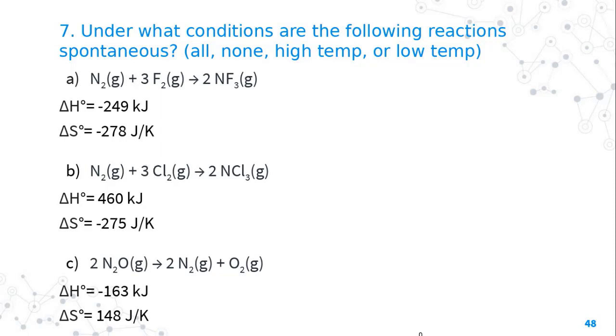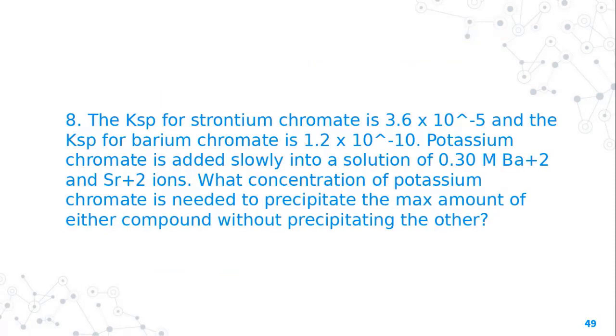So moving on to number 8. Okay, so let's look here. The Ksp for strontium chromate is 3.5 times 10 to the negative 5, and the Ksp for barium chromate is 1.2 times 10 to the negative 10.